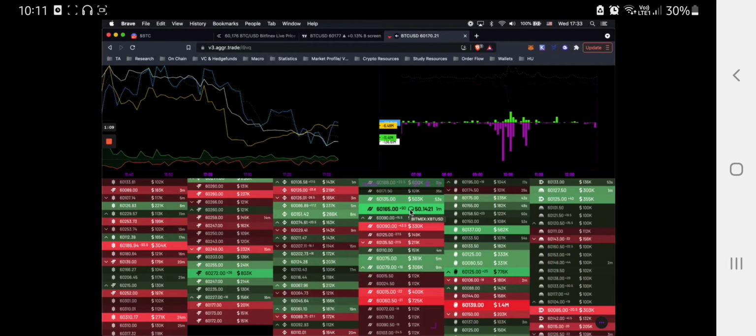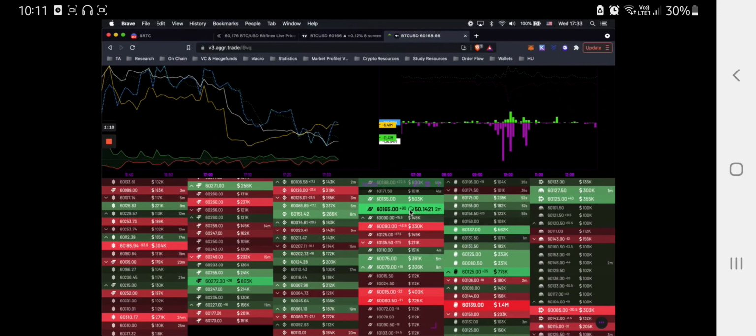So he has to come and take your order off you for it to execute. So this is the other big misconception with order flow and tape reading, which I'll get into in a sec.